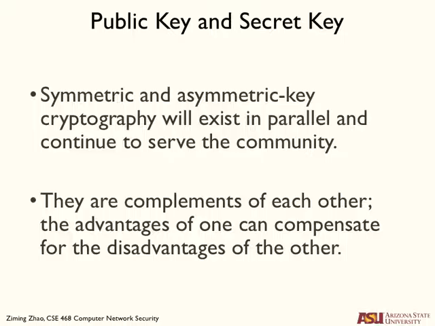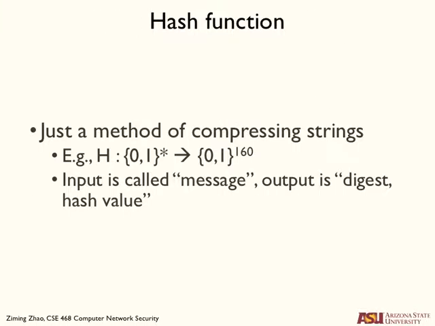So the next topic we are going to talk about is hash functions. A hash function is not really an encryption method, but it's equally important because the protocols we have discussed so far can provide confidentiality.